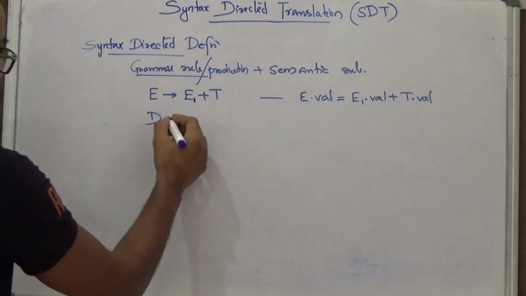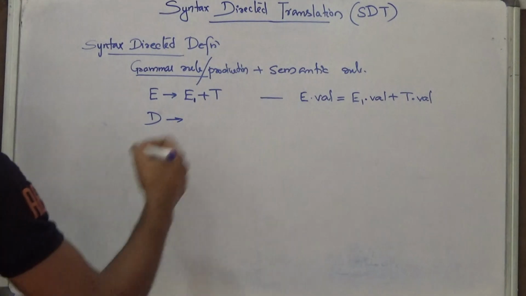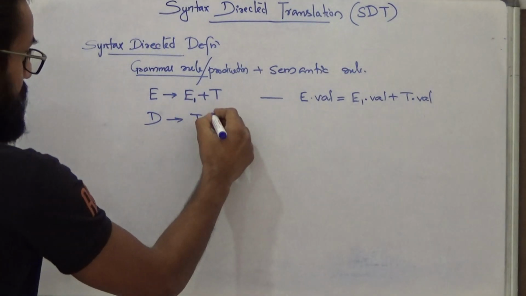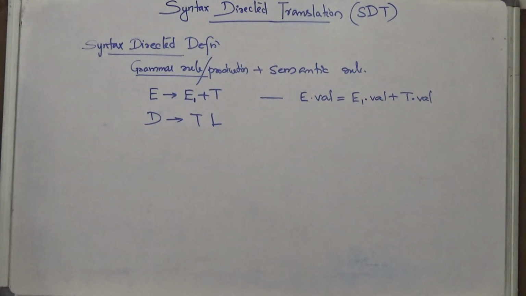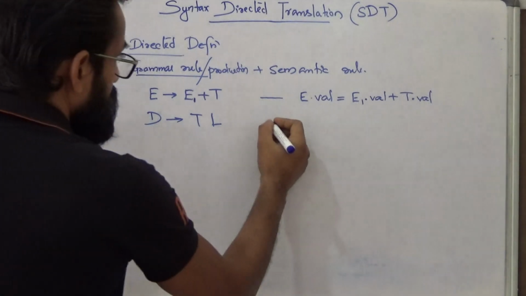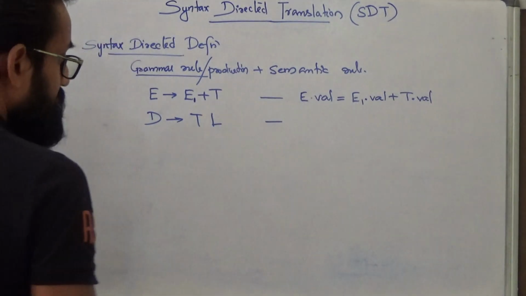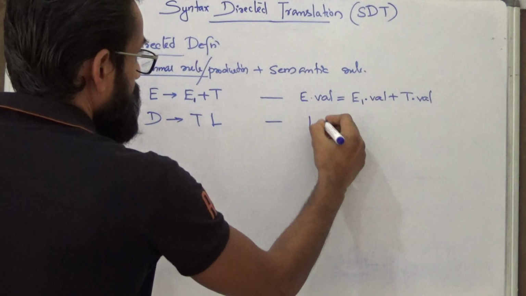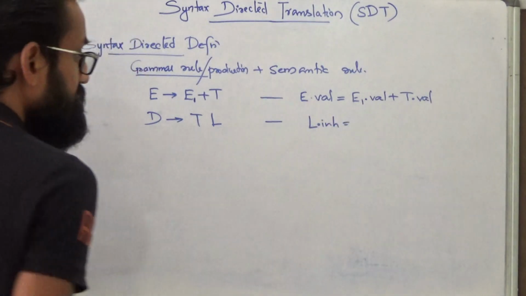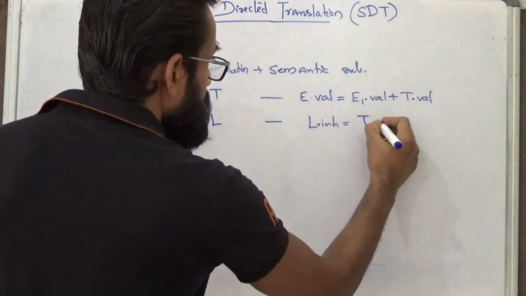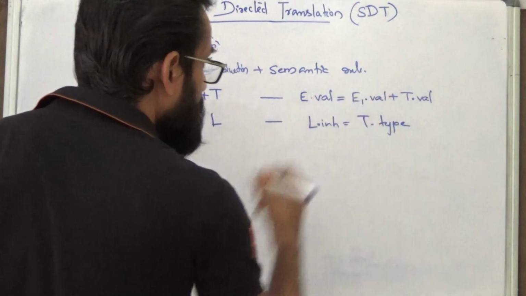D stands for declaration statement, D giving T L. I can write a semantic rule like this: L dot inherited is equal to T dot type.